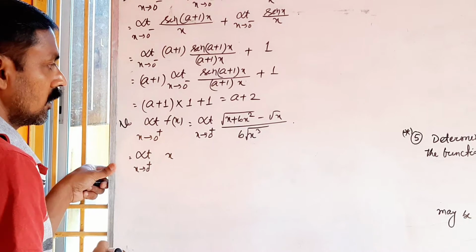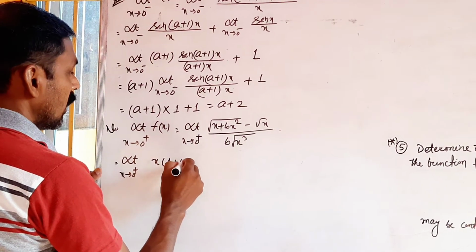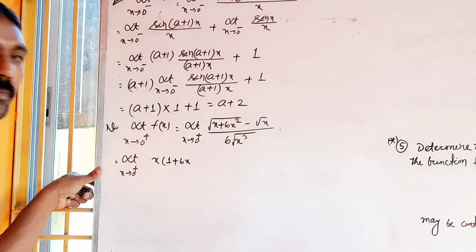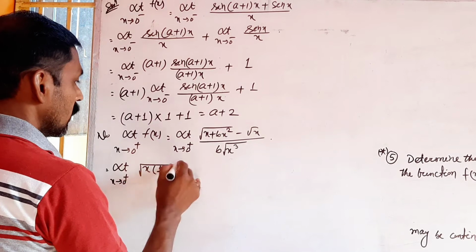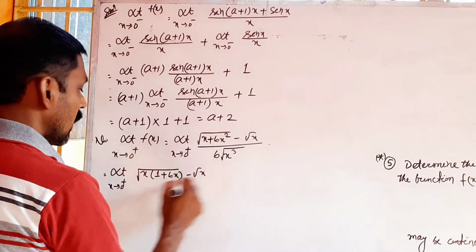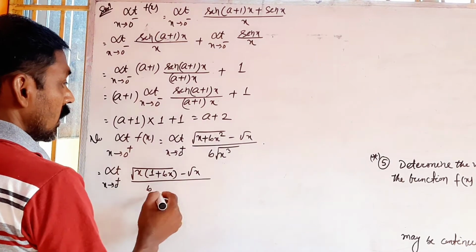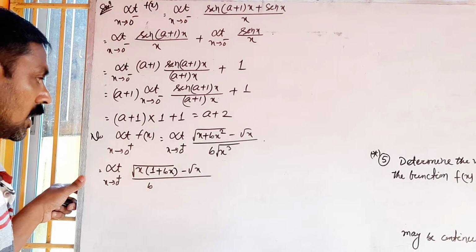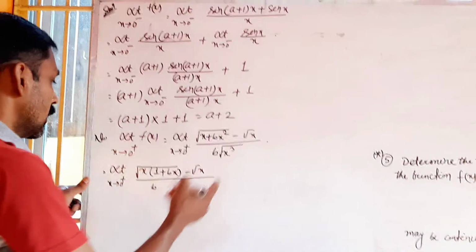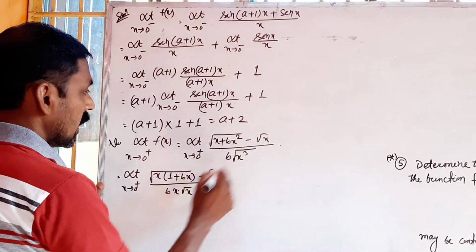If you take x common here, it will be root of 1 plus bx, minus root x by b into, here it is x cube whole root, means x to the power 3 by 2. So x to the power 3 by 2, you can write it as x into root x.